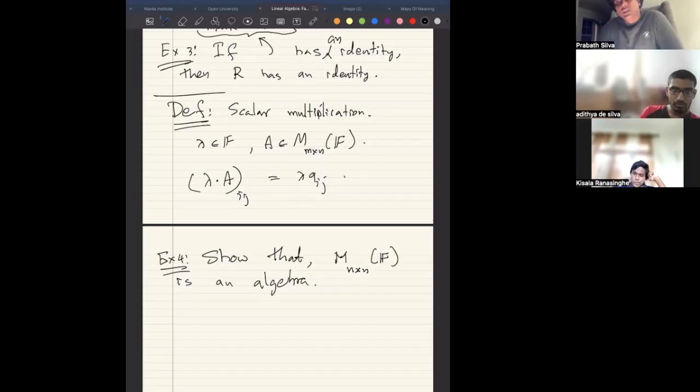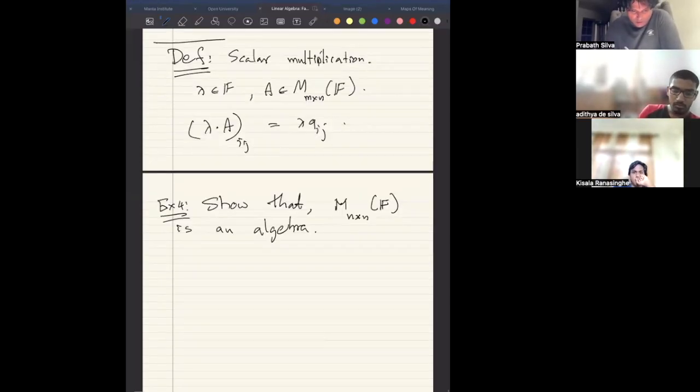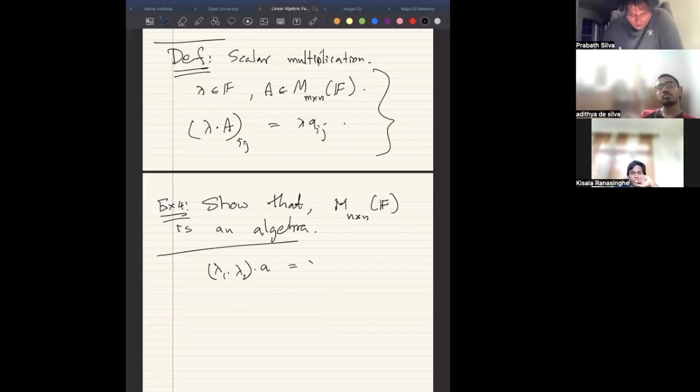Okay, so there are properties that are specific to scalars, for example, the scalar multiplication. There are properties like lambda 1 times lambda 2 A equals lambda 1 lambda 2 times A, and so on.